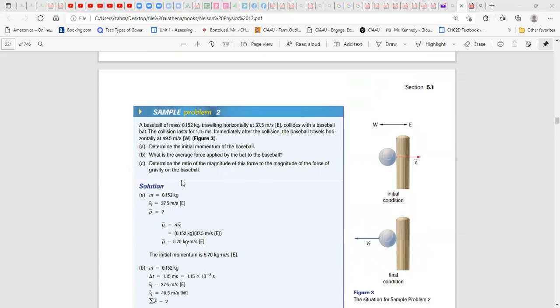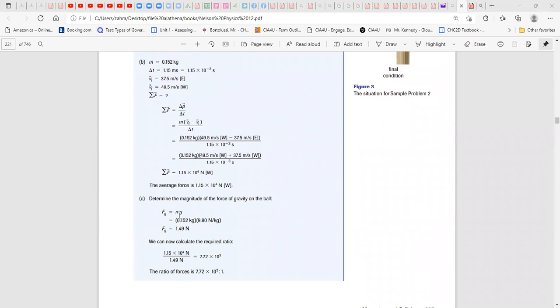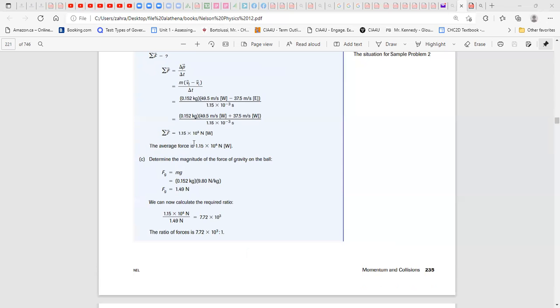Determine the ratio of the magnitude of this force to the magnitude of the force of gravity. Of course, force of gravity is mg. The force that we got here divided by the force of gravity is 7.72 times 10 to the power 3. This is the ratio between the force and the force of gravity.